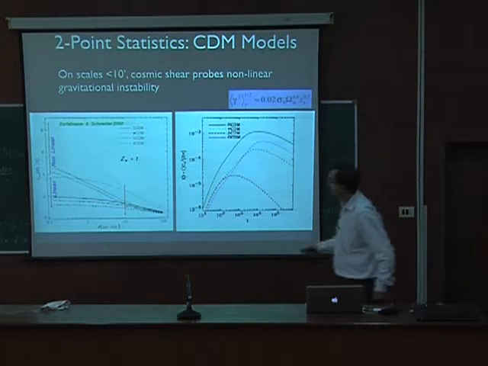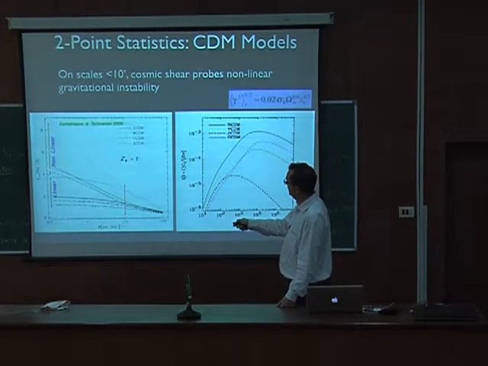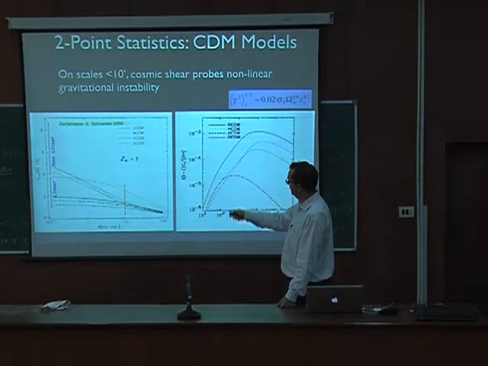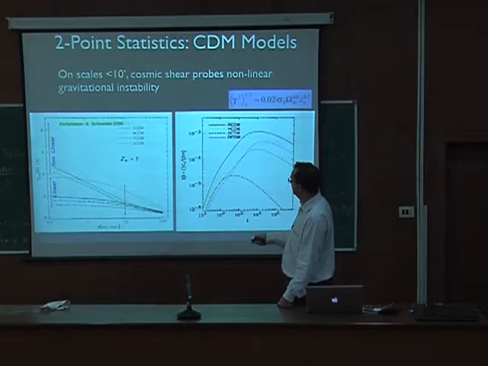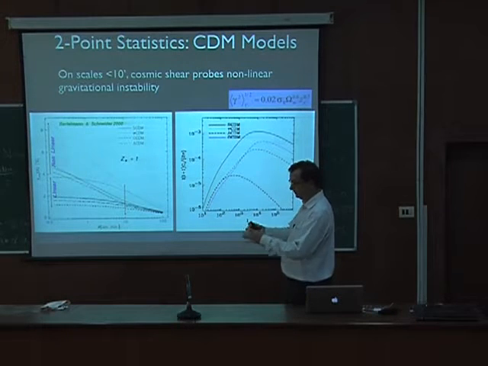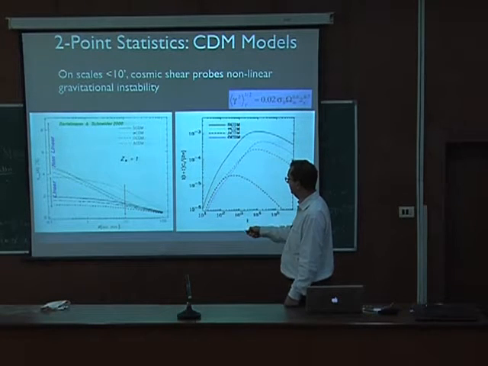And you see that for lambda CDM, you get this kind of curve. So this is the shear variance in circular aperture of a radius theta, and theta is on the x-axis. So what you see is that if you go to small scales, you get more shear variance, and as you increase, you smooth out the shear more and more, and the variance goes down.